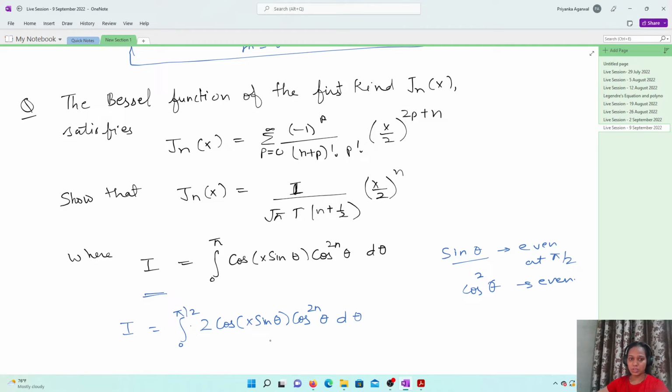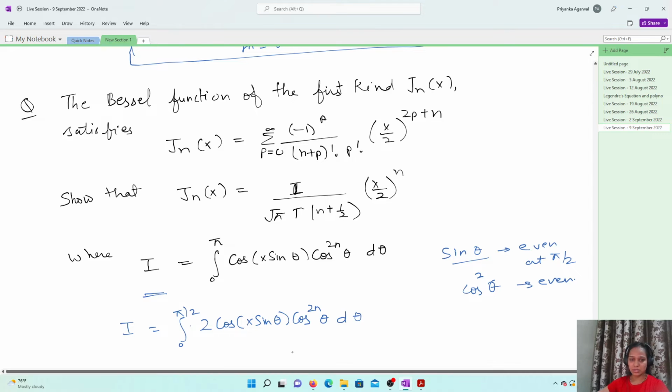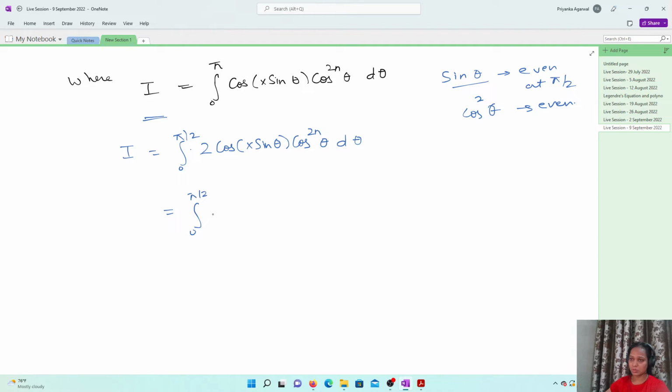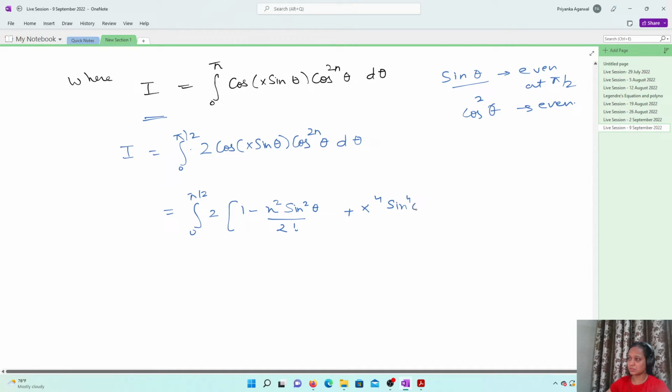Okay, now we can expand this cos function in series form. So integral 0 to pi by 2, 2, so this will become 1 minus x square sin square theta over 2 factorial plus x to the power 4 sin to the power 4 theta over 4 factorial.